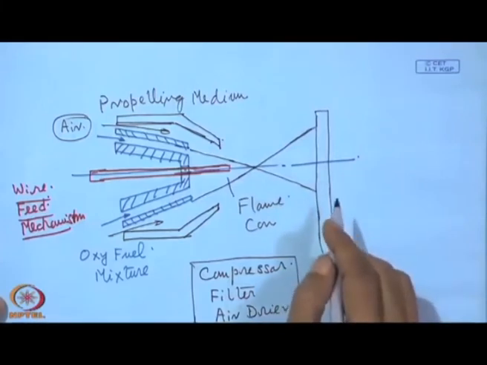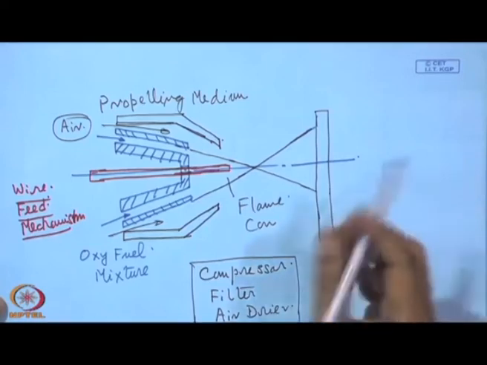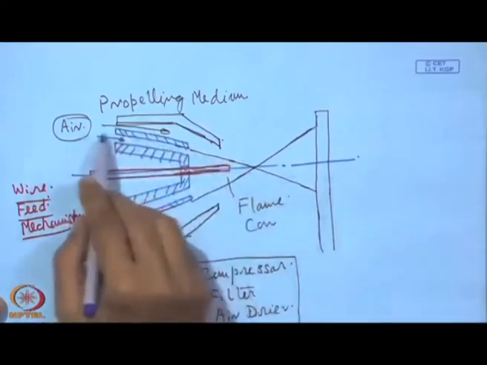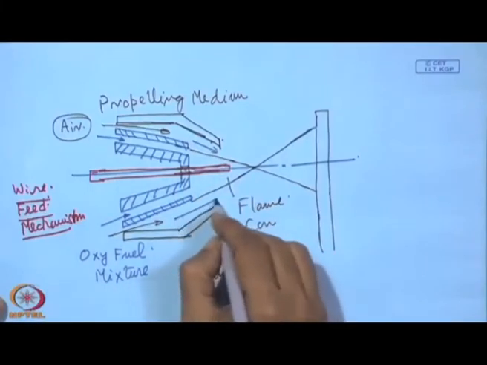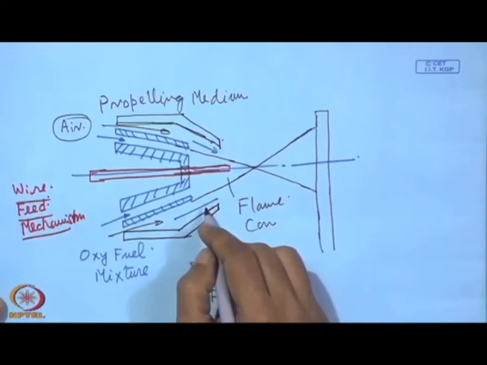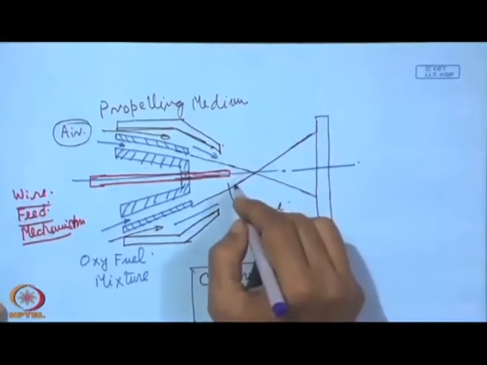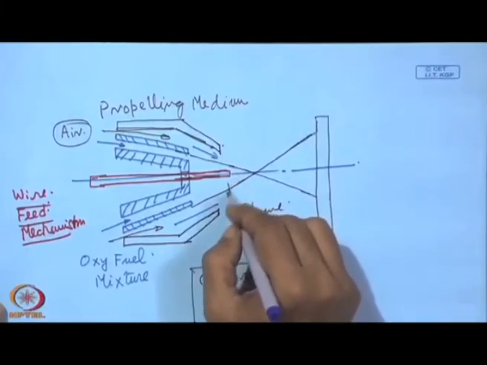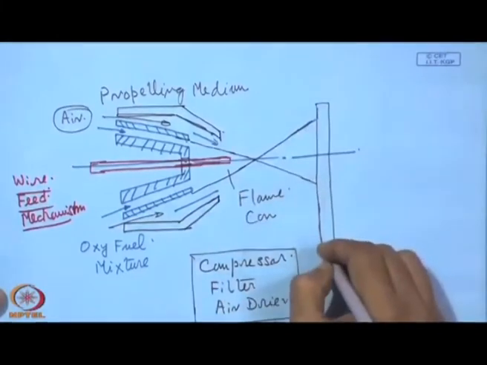And what we can show here is that this air will be admitted at a high speed, and that will be like a propelling medium, and it will finally atomize this droplet, and this atomized particle will be thrown towards the substrate surface.